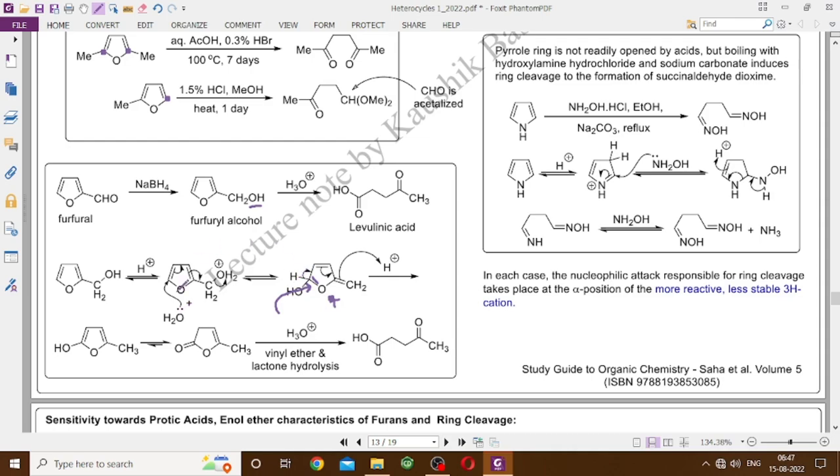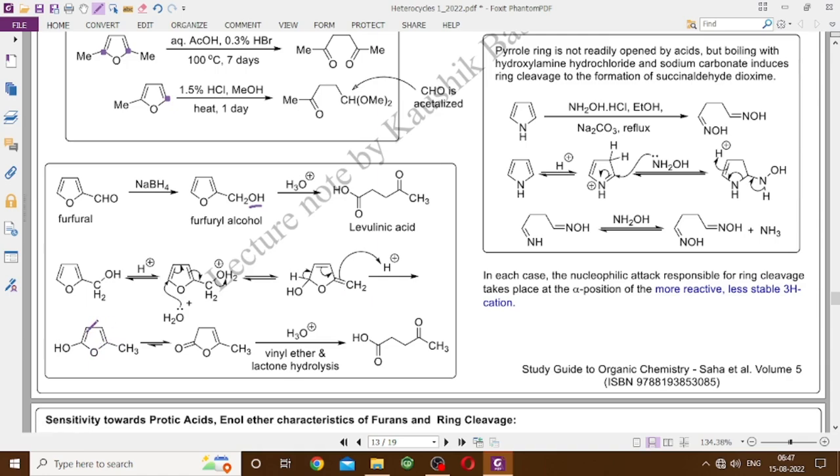If the water is directly attacking before the departure of this OH2 plus, or even if you have made this OH2 plus go away and you have a carbon-oxygen double bond here, and a carbon double bond here, that electrophile is getting quenched by this water molecule to give you the same intermediate.